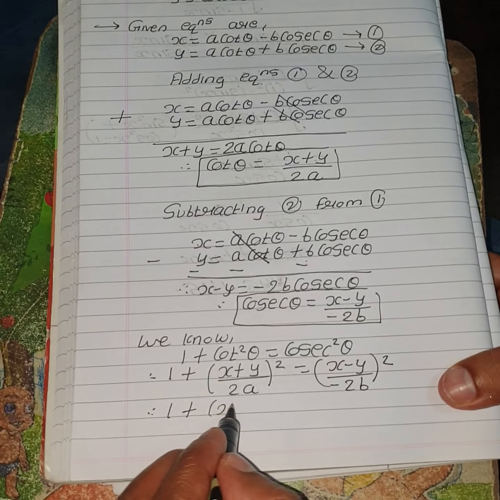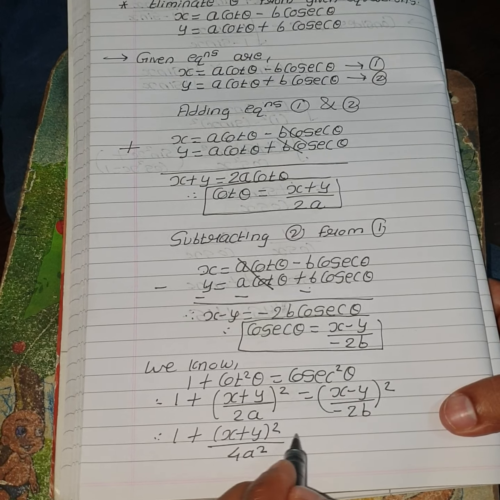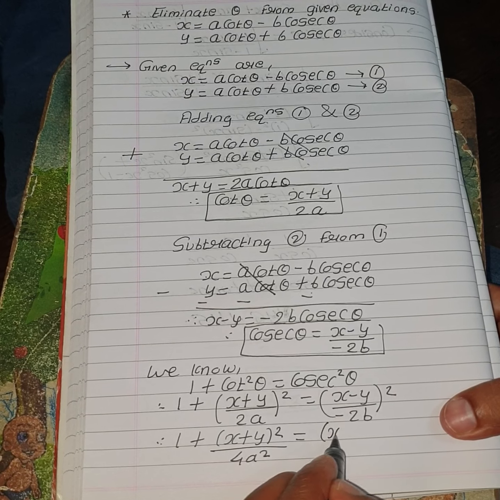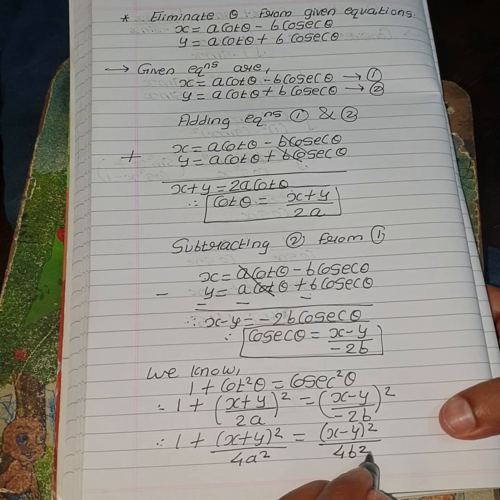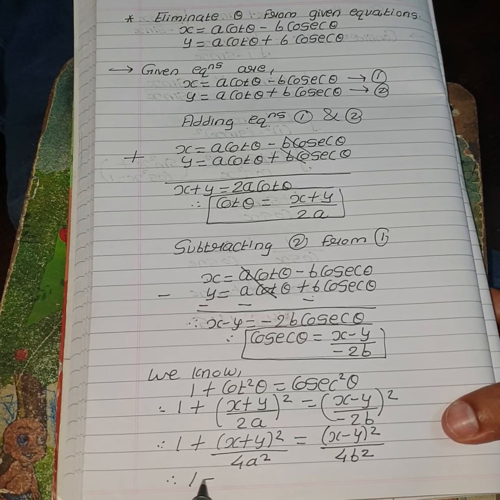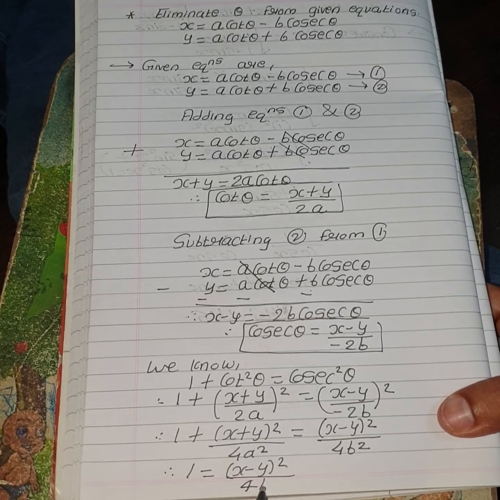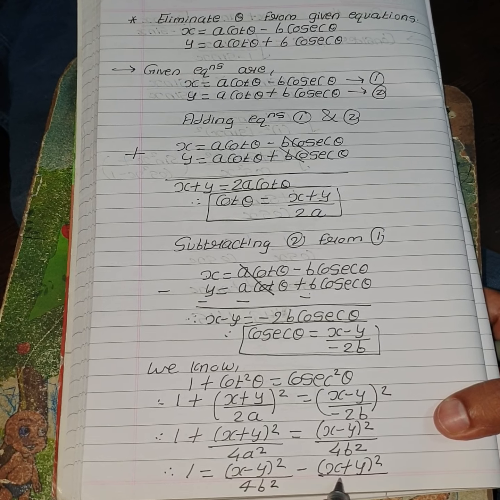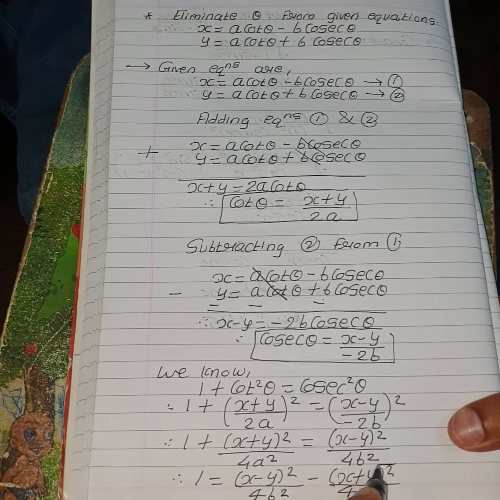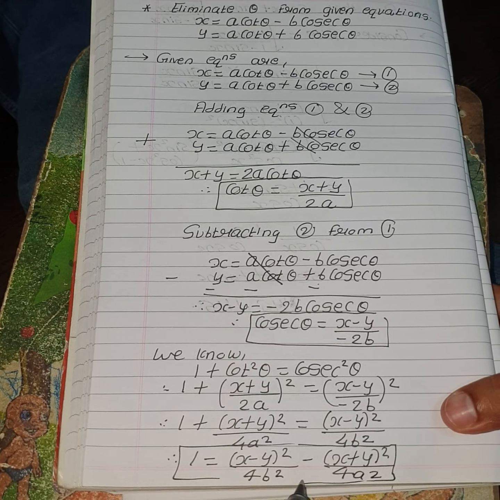Therefore 1 plus x plus y bracket square upon 2a square, which will be 4a square, is equal to x minus y bracket square upon minus 2b square, which will be 4b square. Therefore 1 is equal to x minus y bracket square upon 4b square minus x plus y bracket square upon 4a square. So we got an equation in which we don't have any term including theta.